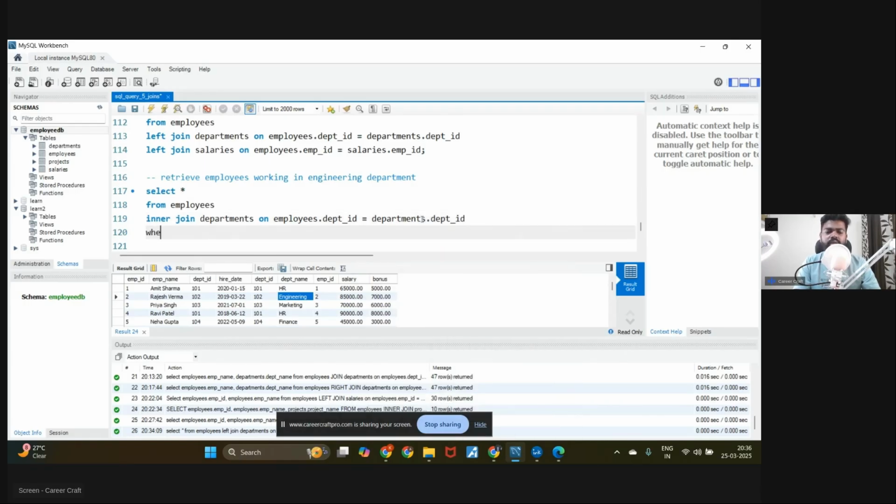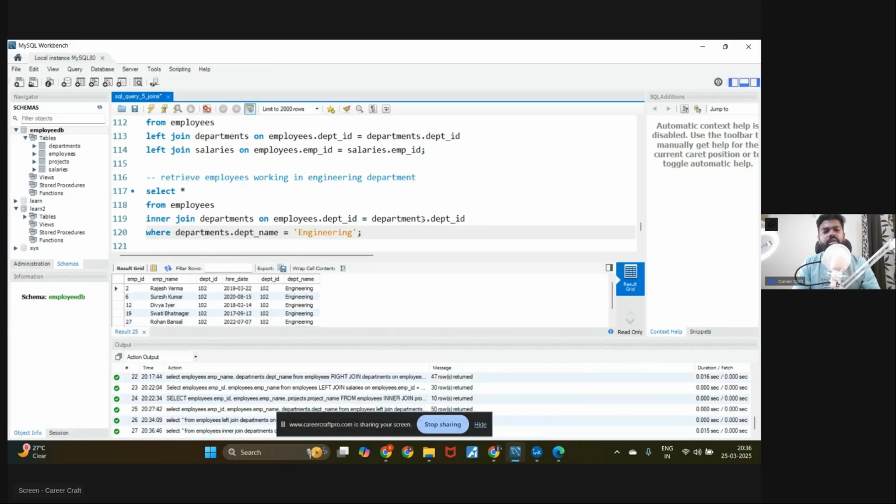Done. Then where departments dot department name is equal to engineering. Done. Execute, you will get it. Department name is engineering. Okay, now Piyush has written, what is the output of inner, left, right, or full join in three tables?